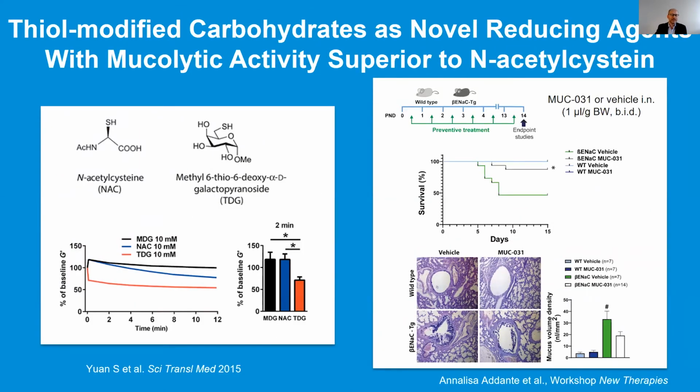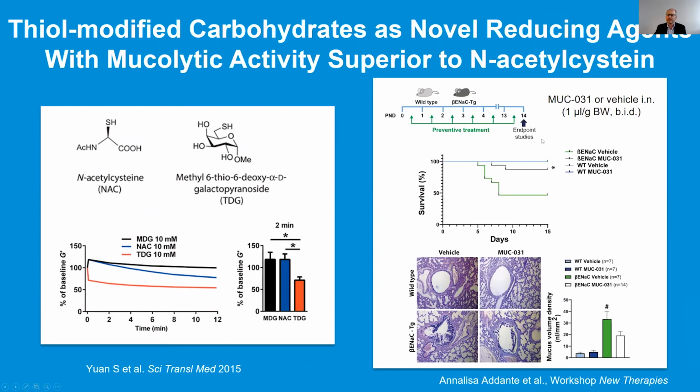In this study, they also developed and tested new thiol-modified carbohydrates, as shown here. And what they found is that these molecules are more effective in reducing viscoelasticity than the gold standard molecule N-acetylcysteine.